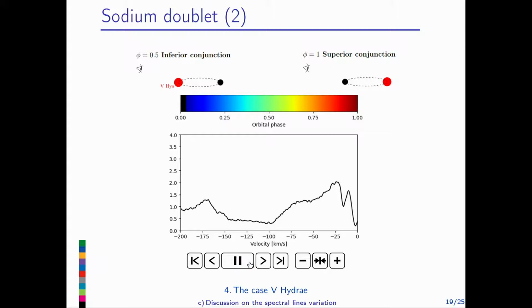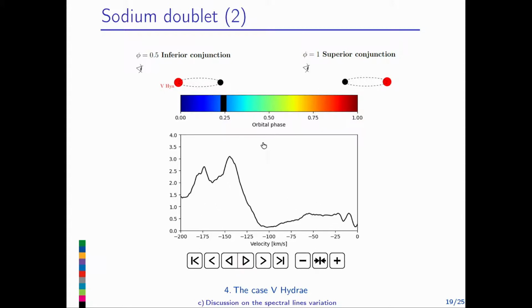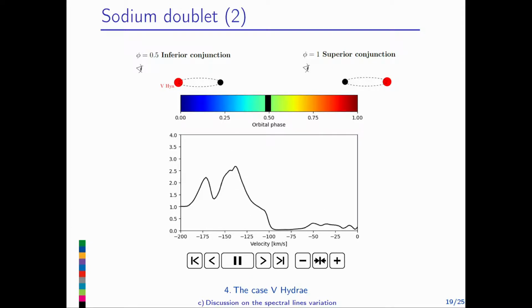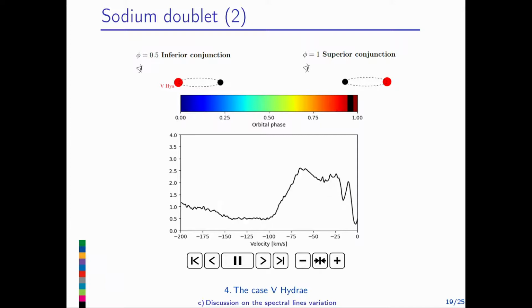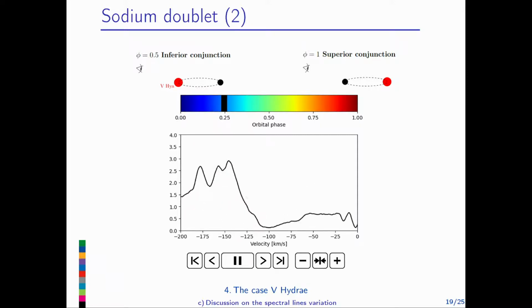And we can see an intermediate situation around phase 0.2, where the two lines begin to reappear, and the emission decreases in intensity. Also to be noticed, the two lines undergo small variations that are due to the pulsating nature of those carbon lines, those molecular lines.